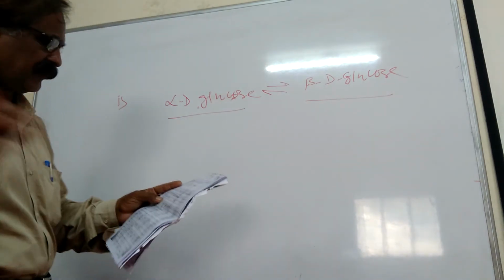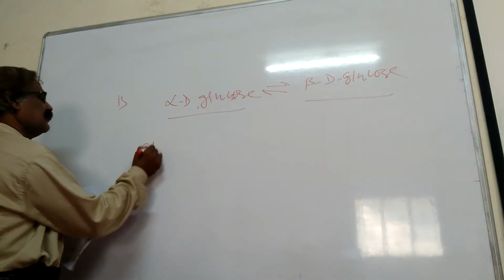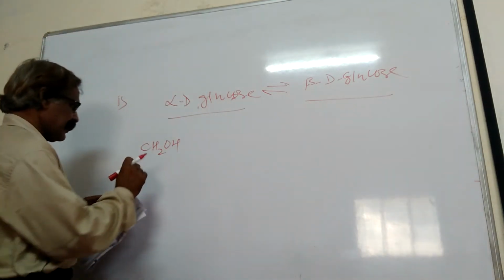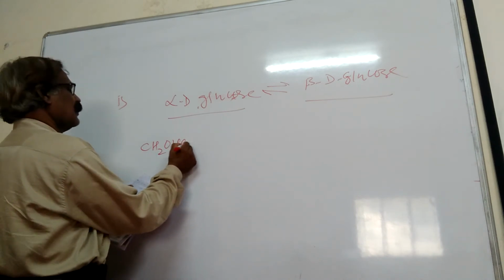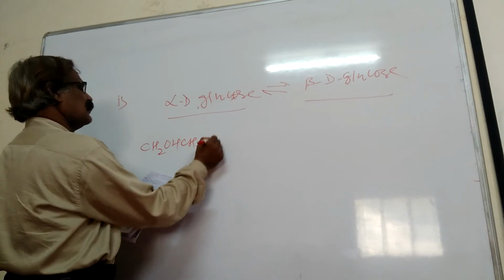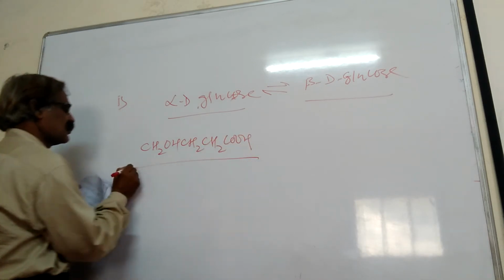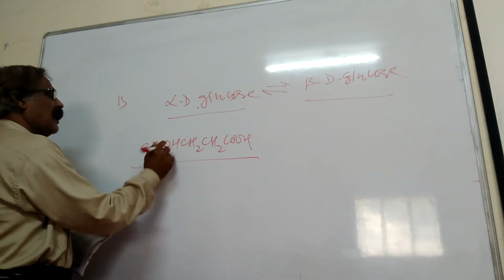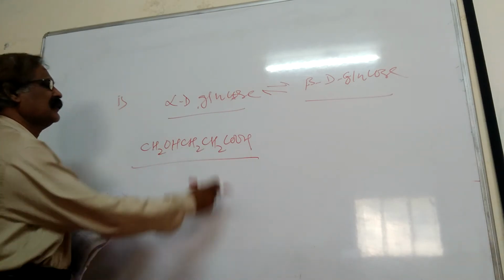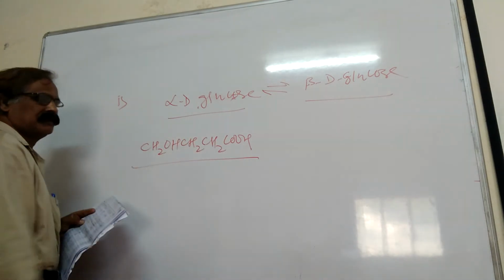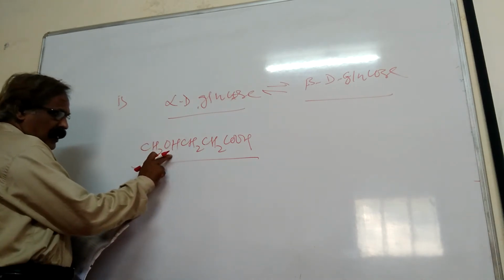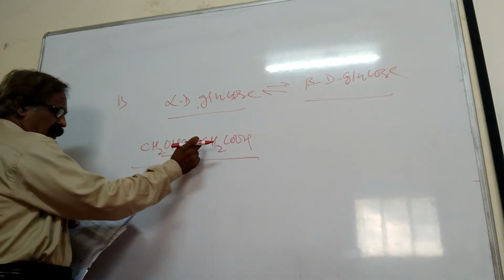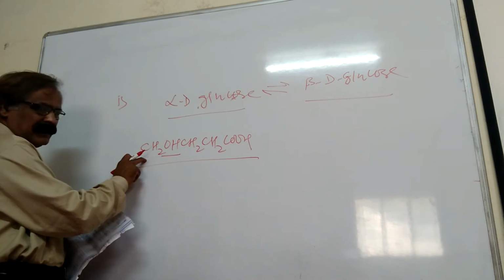The structure of gamma hydroxybutyric acid is CH2OH, CH2, CH2COOH, with carbons numbered 1, 2, 3, 4: alpha, beta, gamma.